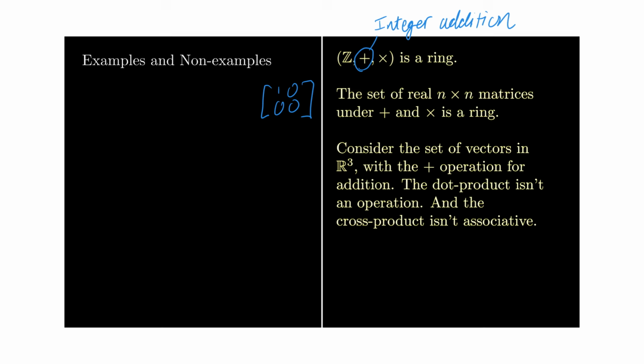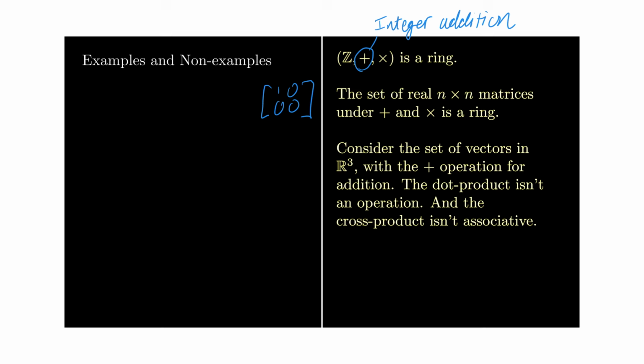If you're not familiar with the example, don't worry about it too much. Just know that there are these two operations. They kind of behave like multiplication for vectors in 3 dimensions, but they don't satisfy the axioms of being a ring.